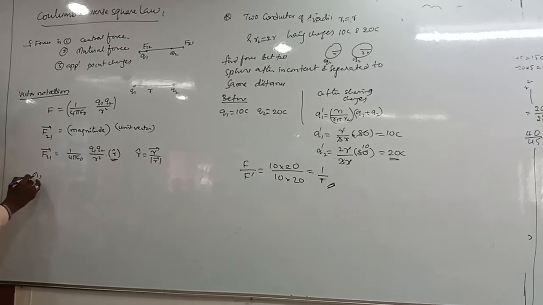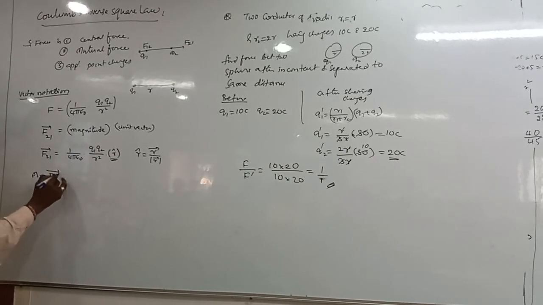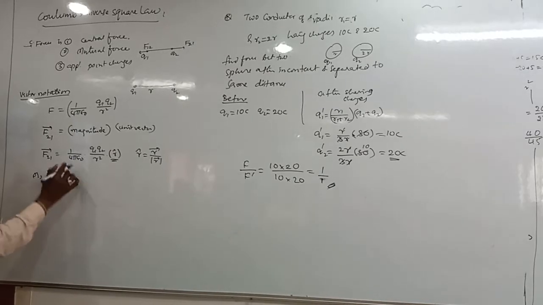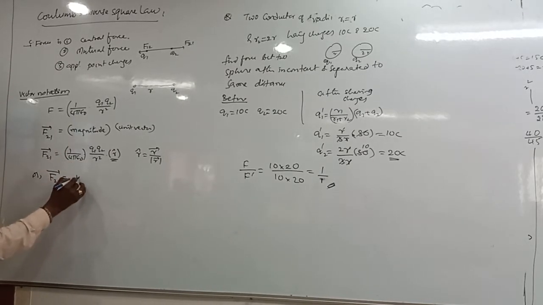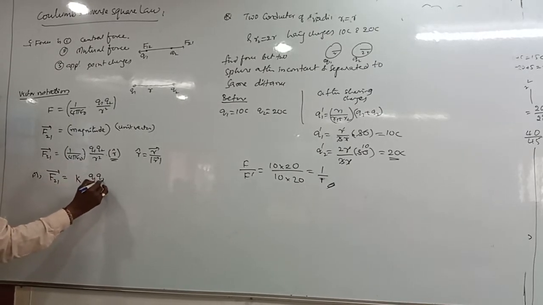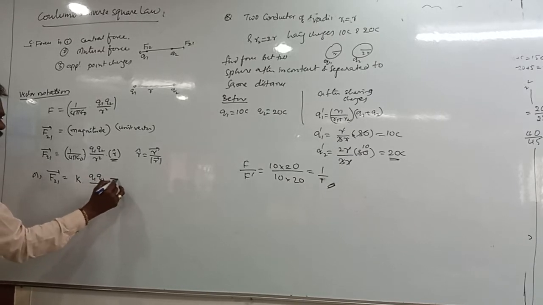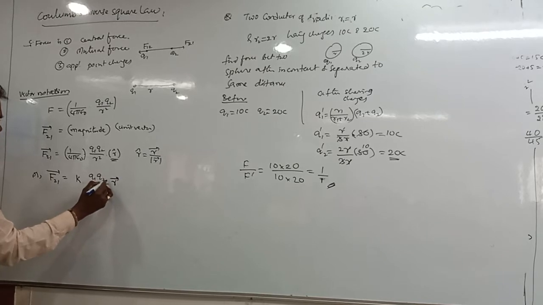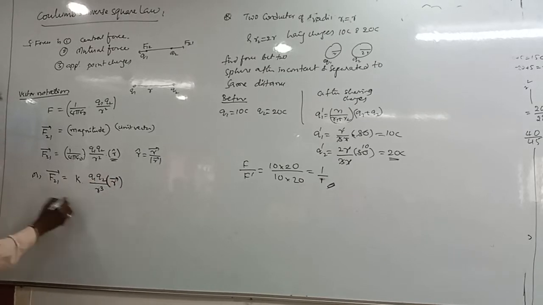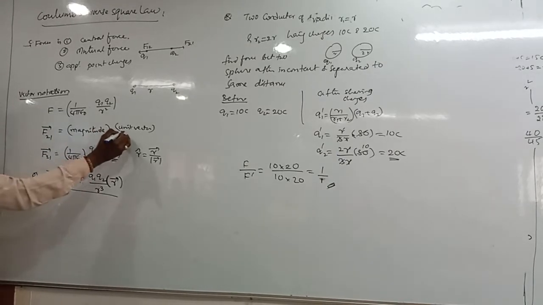Or we can write it, with a constant value K, as K Q1 Q2 by R cube into R bar. Okay. And here also it is a unit vector.